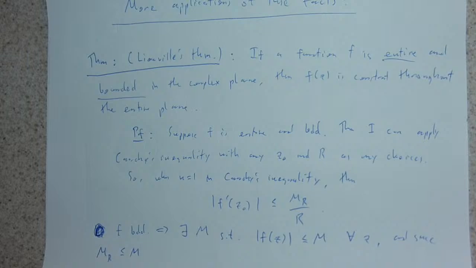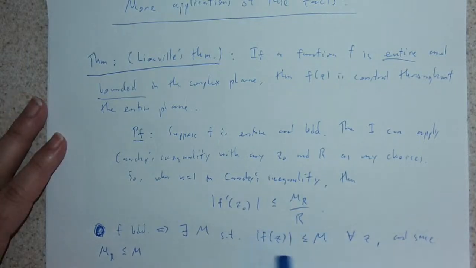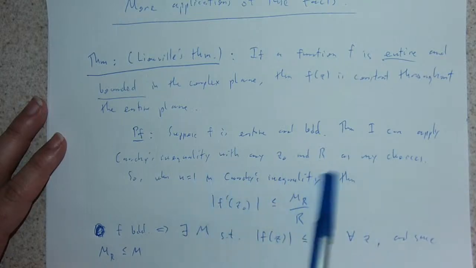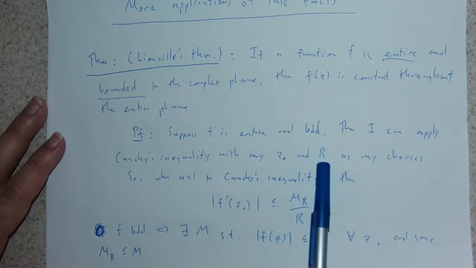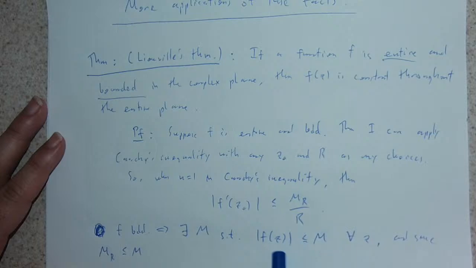why? Well, this maximum value of my modulus applied to some circle, as I'm changing the radius r, that is going to change, but it can't be larger than this maximum that we're applying to the function on the entire complex plane.